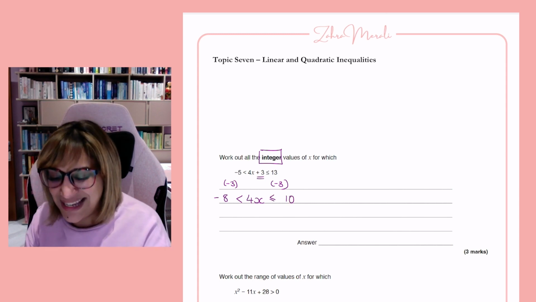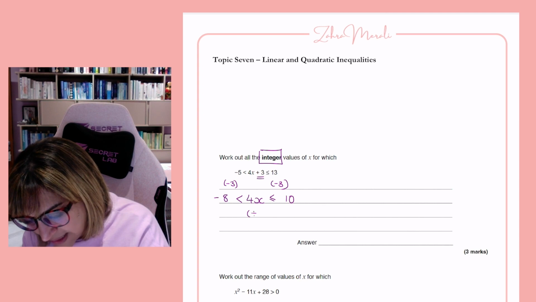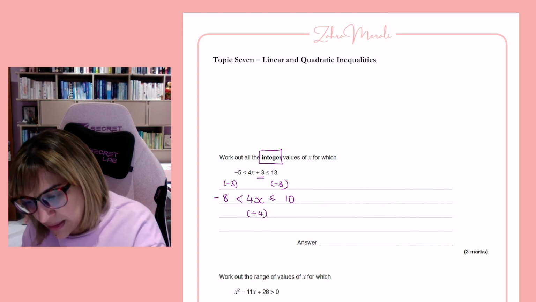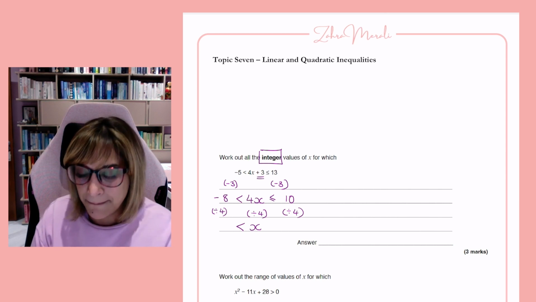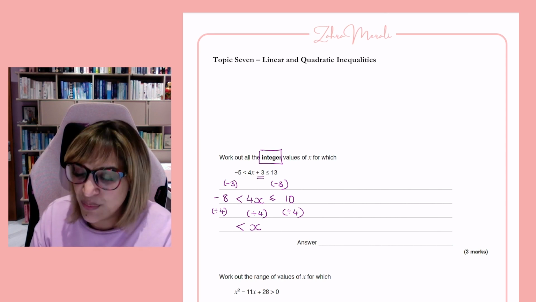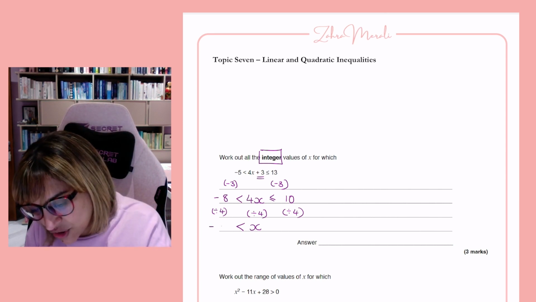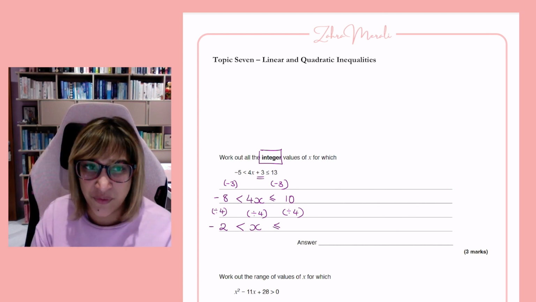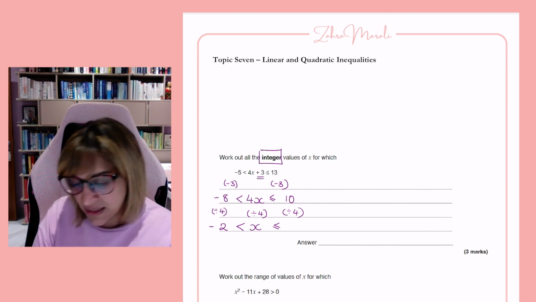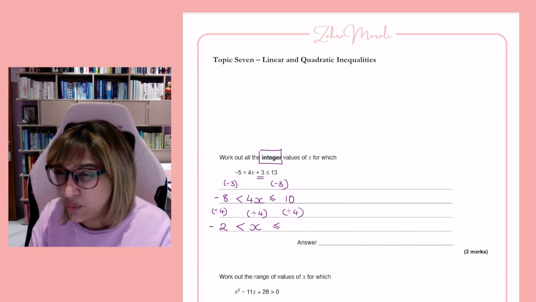Now I want x on its own, so I'm going to divide by 4. So when I do that, I have to divide both sides by 4, which leaves me with x. Minus 8 divided by 4 is minus 2. And then we've got 10 divided by 4, which is the same as 2.5, 5 over 2.